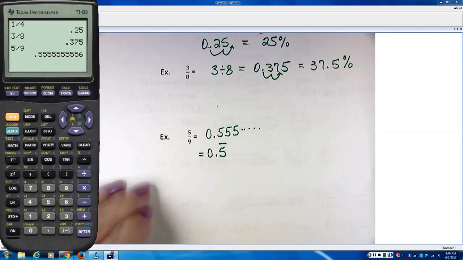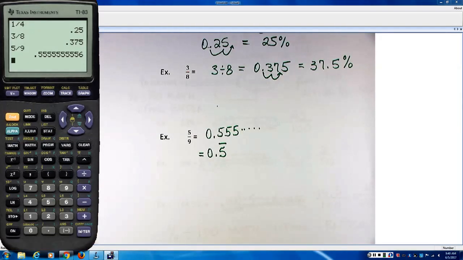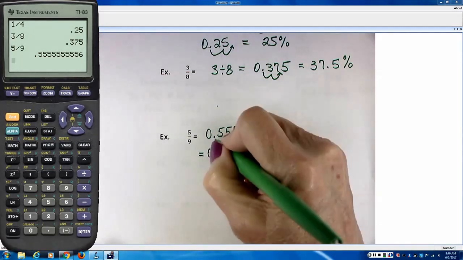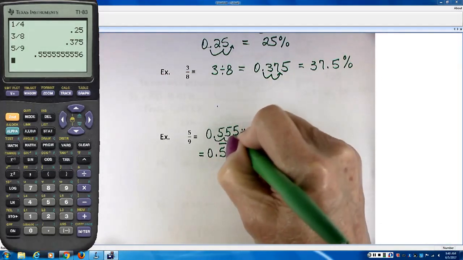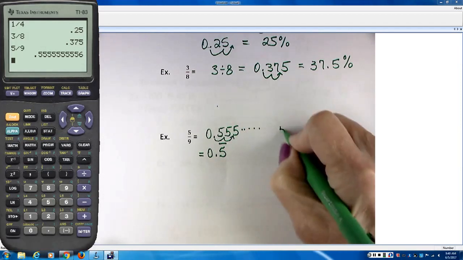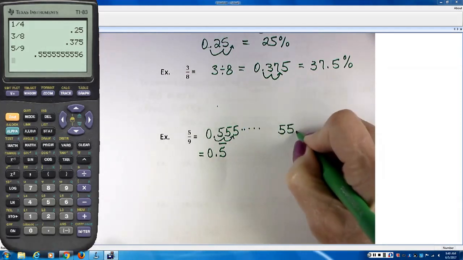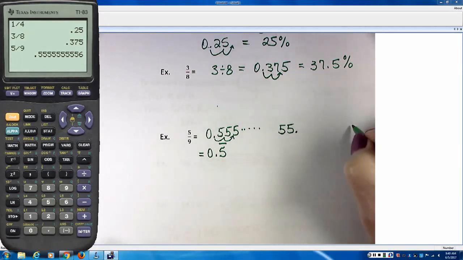Or you can write 0.5 with a bar over it, which also indicates that it repeats. But remember, we don't want a decimal anyway. We want a percent. So we're going to go 1, 2, which means it's going to be 55 point. Now that 5 is going to keep on going.